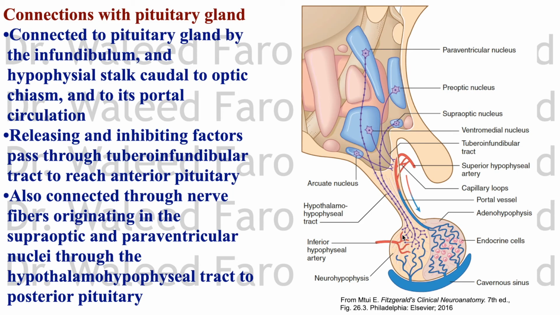The factors produced by the hypothalamus are releasing and inhibitory factors that release or inhibit the release of the hormones from the pituitary gland. They pass through the tuberoinfundibular tract. See, this is the tuberoinfundibular tract.